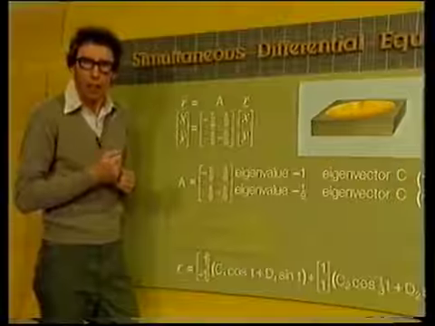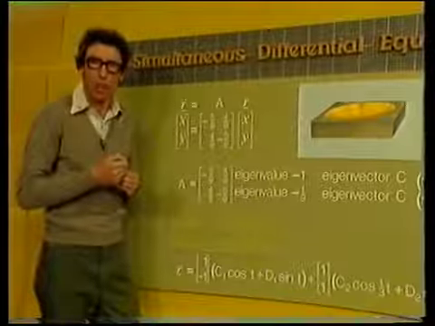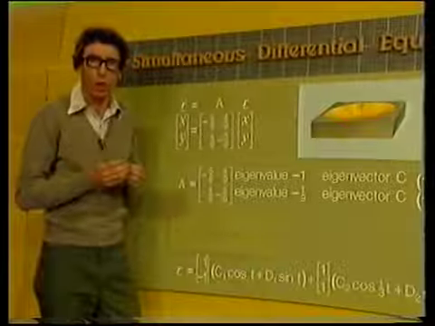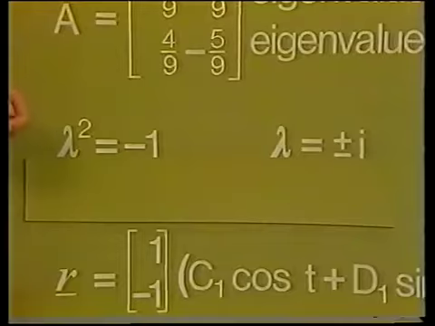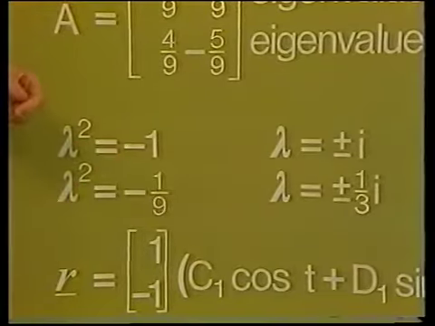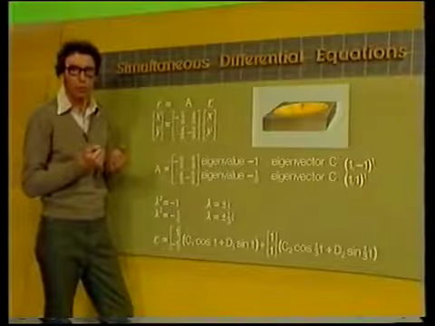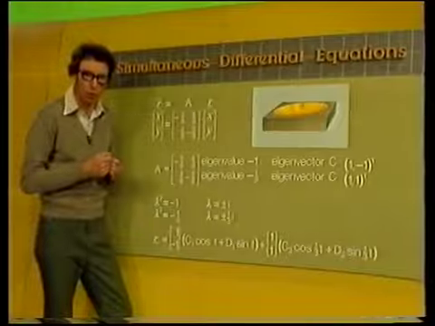In this case, the eigenvalues are -1 and -1/9. And the next step is to find their square roots. Well, the square roots of -1 are plus and minus i, and the square roots of -1/9 are plus or minus 1/3 i. And now we've got enough information just to write down the general solution of our differential equations.